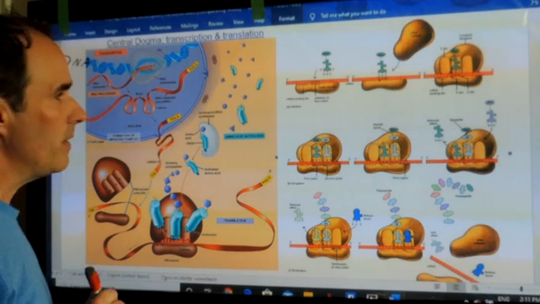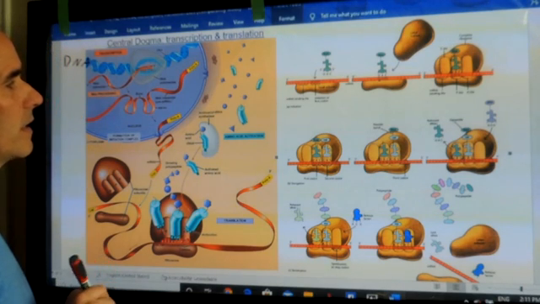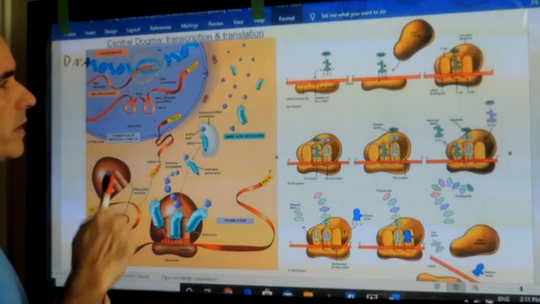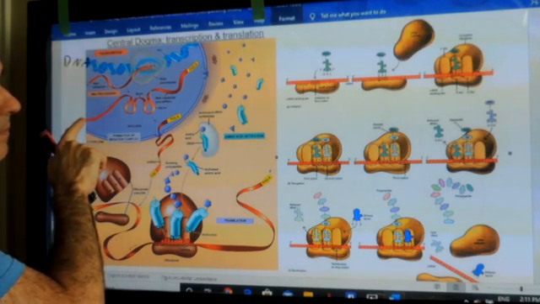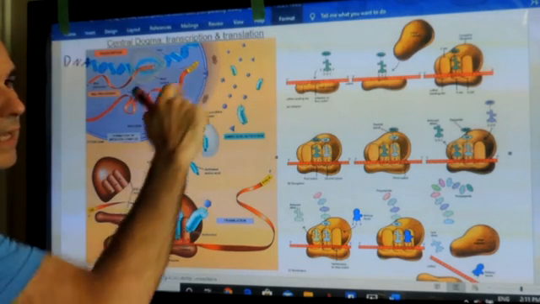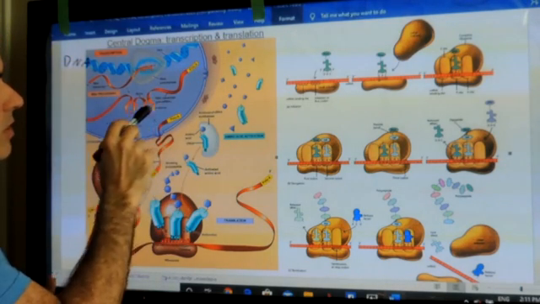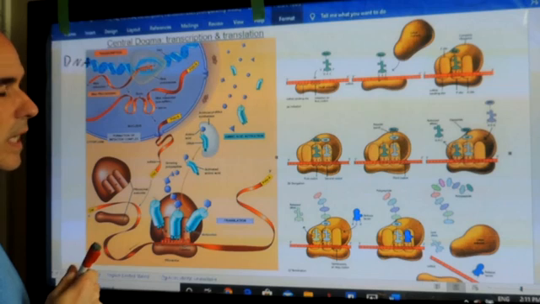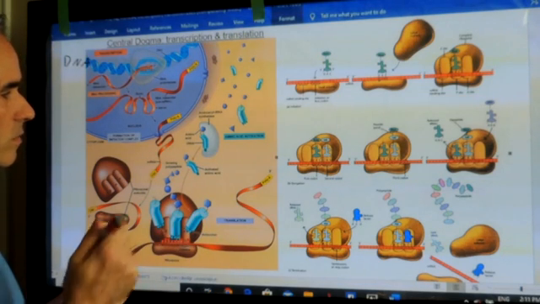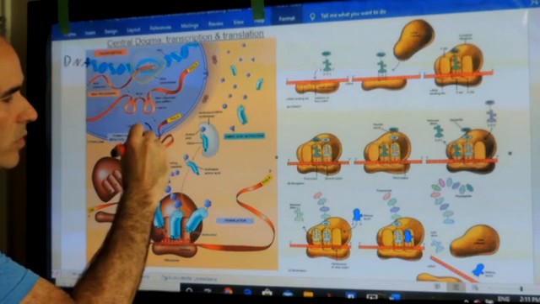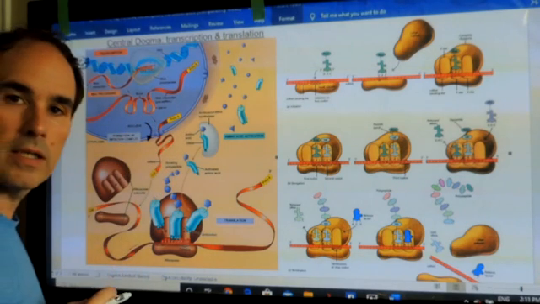The messenger RNA has three things done to it before it can leave the nucleus. It has a 5' cap and a poly A tail added on. The introns are cut out and the exons are spliced together by spliceosomes. It leaves through a nuclear pore and goes into the cytoplasm.